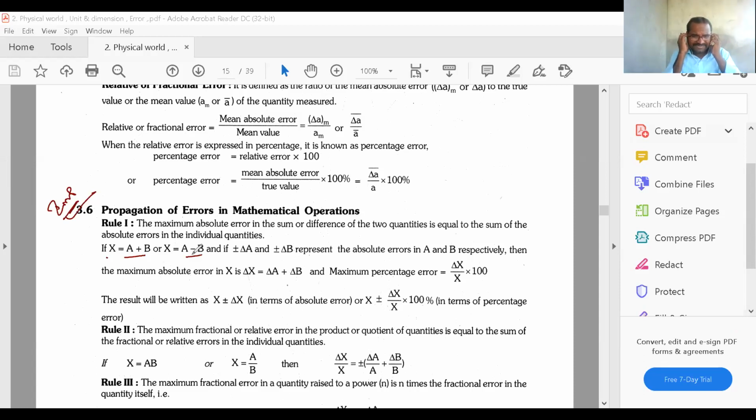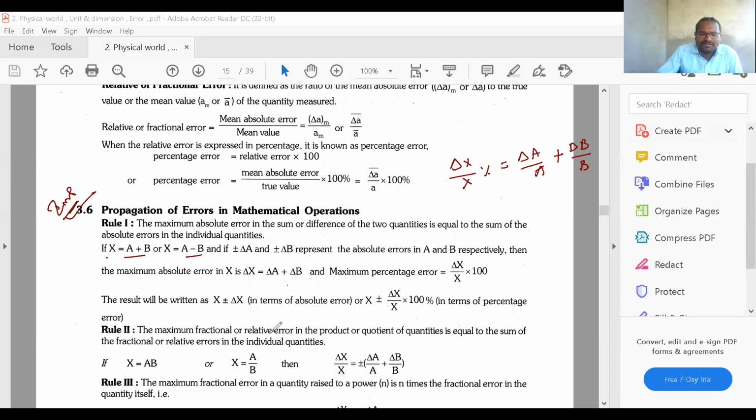Then the percentage error in x, that is delta x by x percentage, can be written as delta a by a plus delta b by b. When x is a plus b or a minus b, remember this.